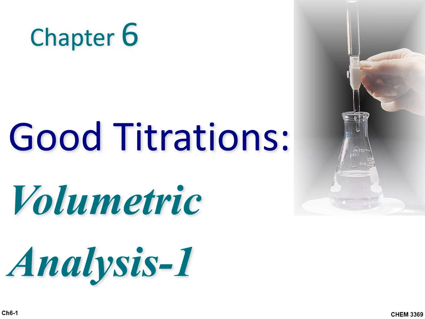We usually use an indicator to determine the endpoint of a titration, but there are many different methods for its determination. The progress of the titration is typically shown using a titration curve.